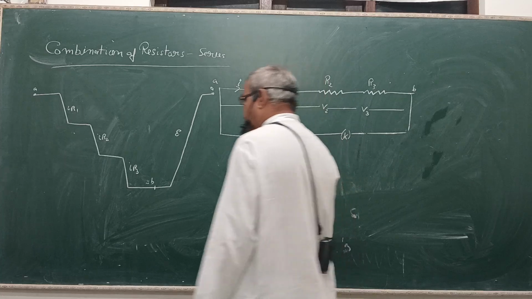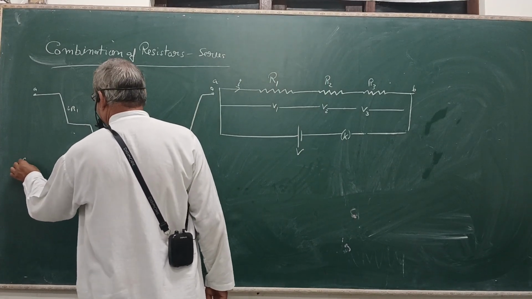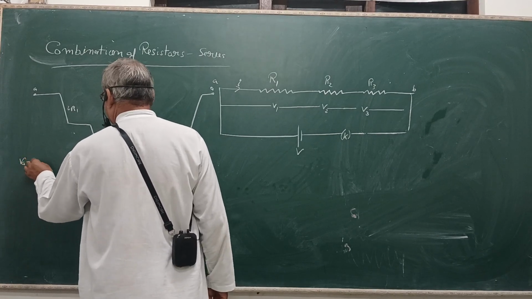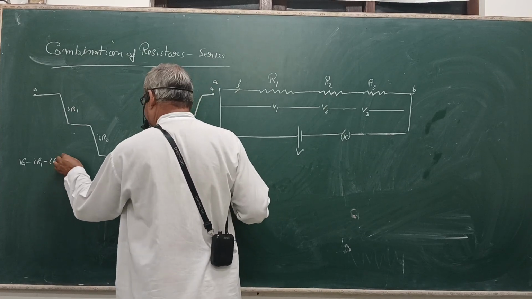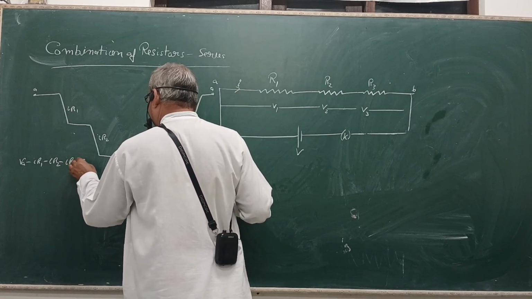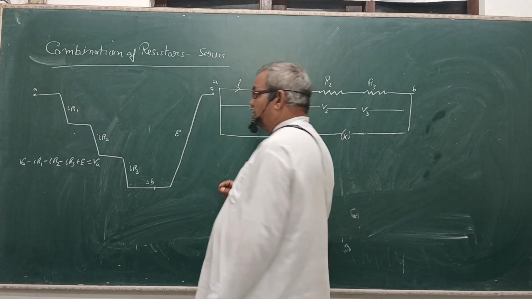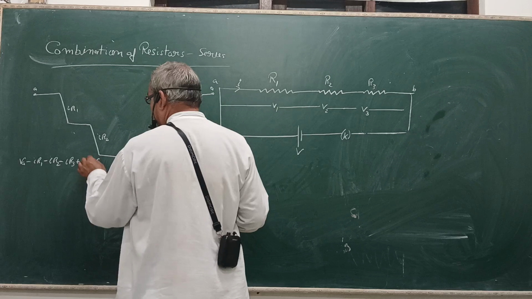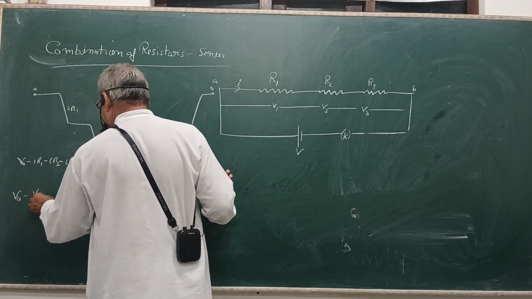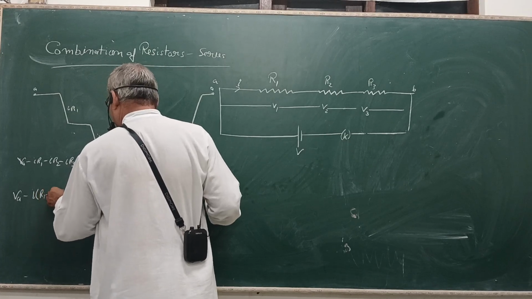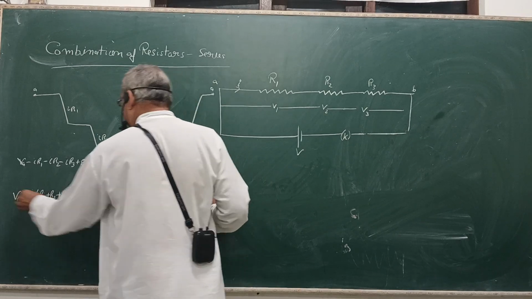In this case, the total potential is given by VA minus IR1 minus IR2 minus IR3 plus E is equal to VA. VA is cancelled. VA minus I(R1 plus R2 plus R3) plus E is equal to VA, so VA is cancelled.